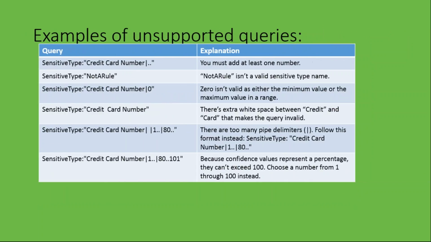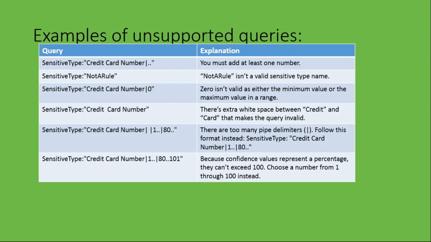Now let's see examples of unsupported queries, or invalid queries. First example is credit card number, pipe symbol, dot dot. This is not a valid count range or confidence range. There has to be one number minimum when we are specifying the range, like minimum 1 to something or any number to this.